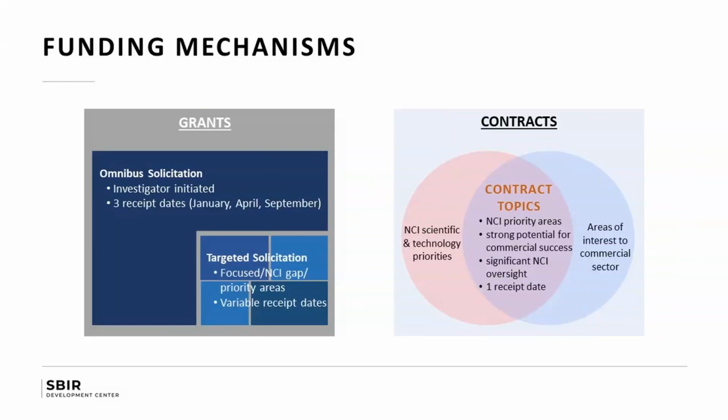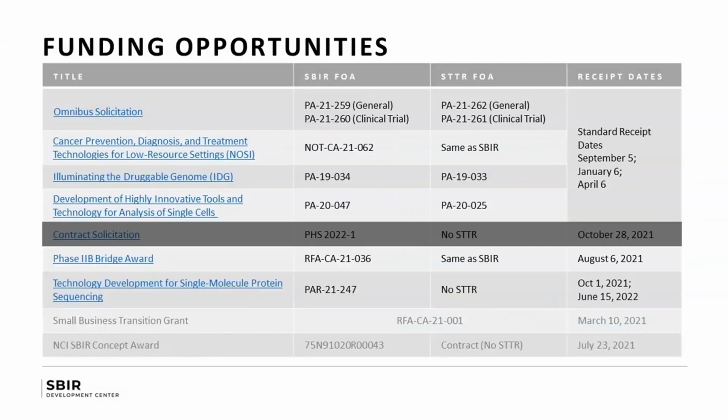I want to remind you, these are not service contracts, these are research and development contracts. These are all the active grants and contracts that are active right now at NCI SBIR Development Center. For the remainder of our talk, we will focus on the contract solicitation PHS 2022-1.